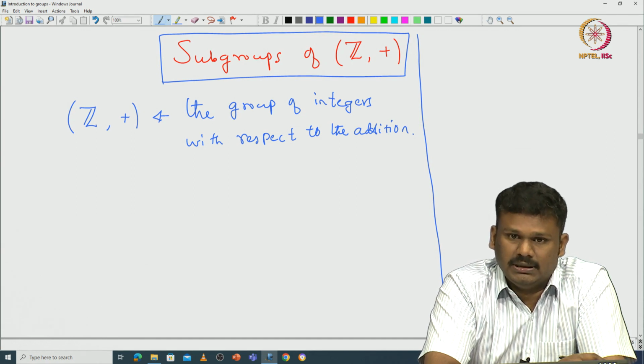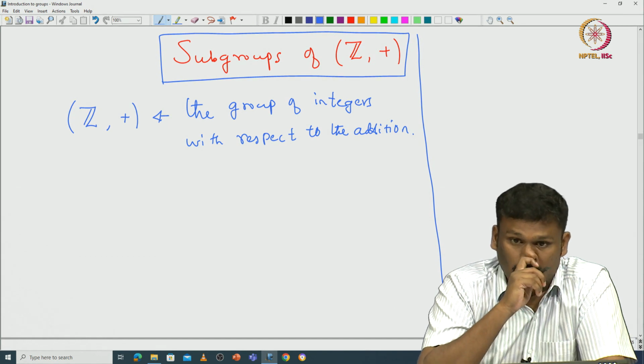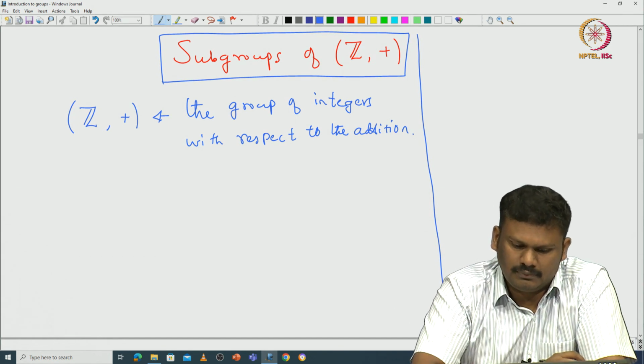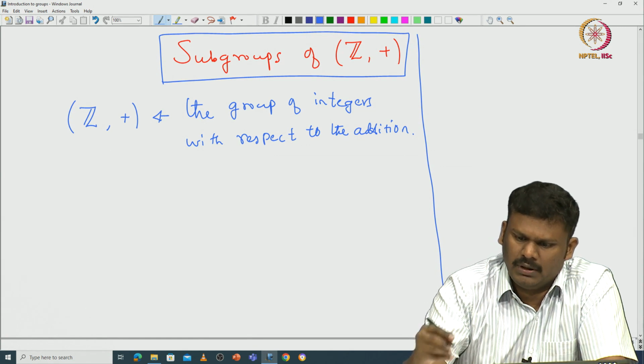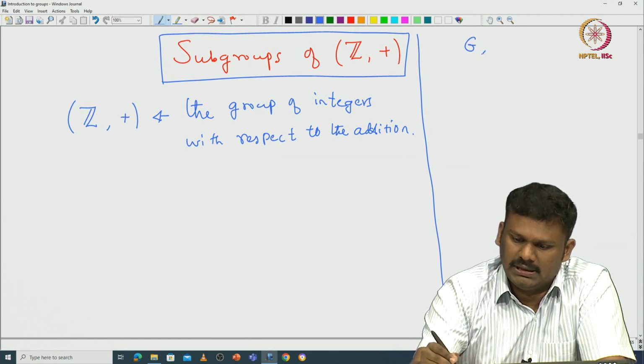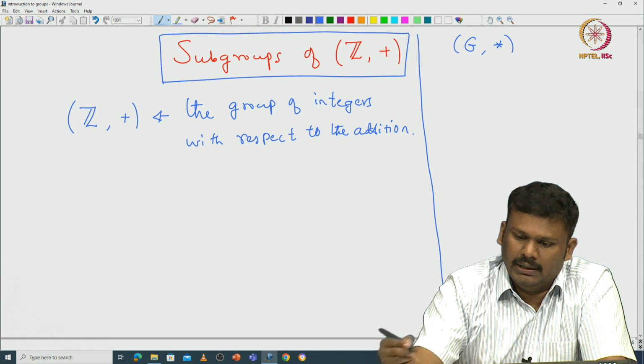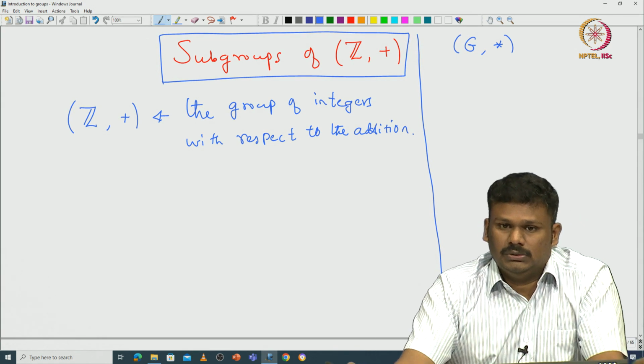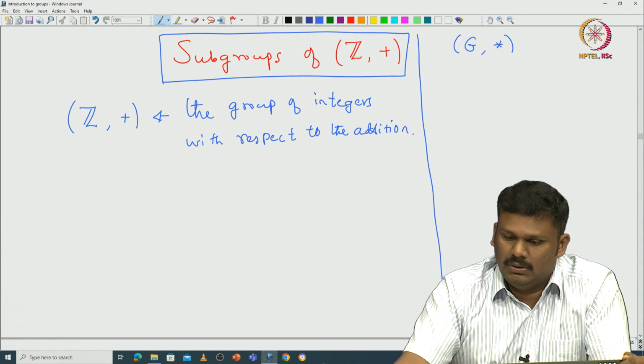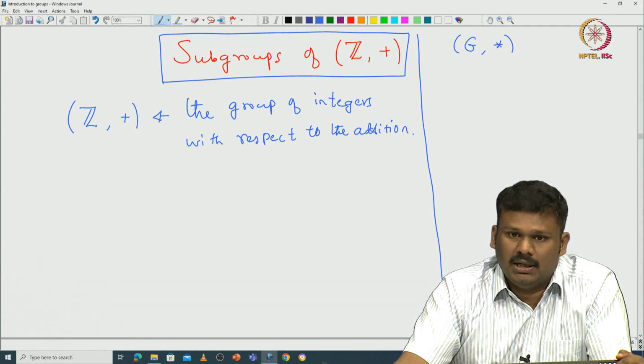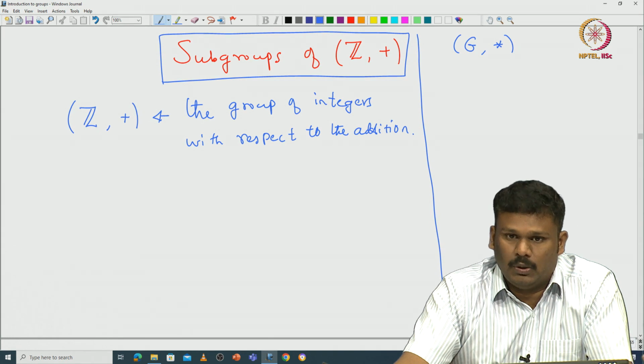Let me first define what is a subgroup. Then we will look at all possible subgroups of integers. If you have a group, let us say G star, and we want to talk about subgroups, they are first of all subsets of G that satisfy some specific properties.